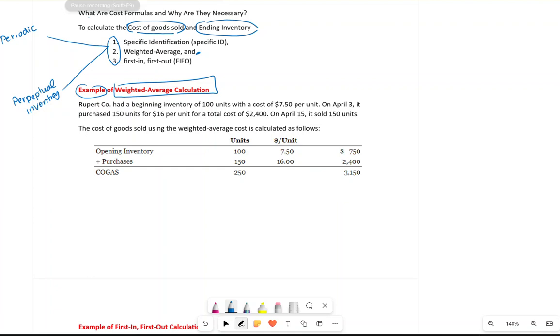They told us my opening inventory is 100 units. I multiply by the per unit cost, that will give me the total cost of the opening inventory. Then I purchased 150 units. The cost of the inventory to us was $16. So that's the cost of goods available for sale.